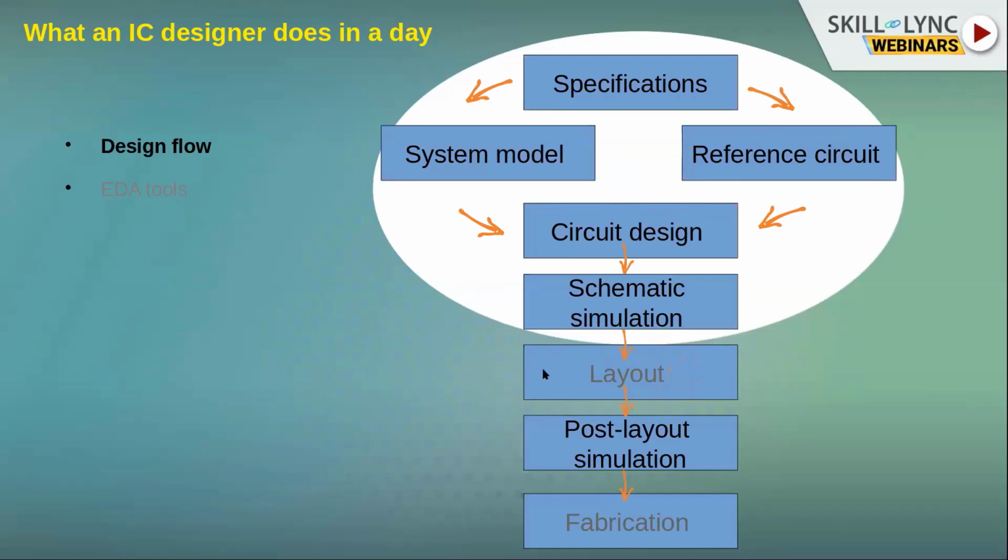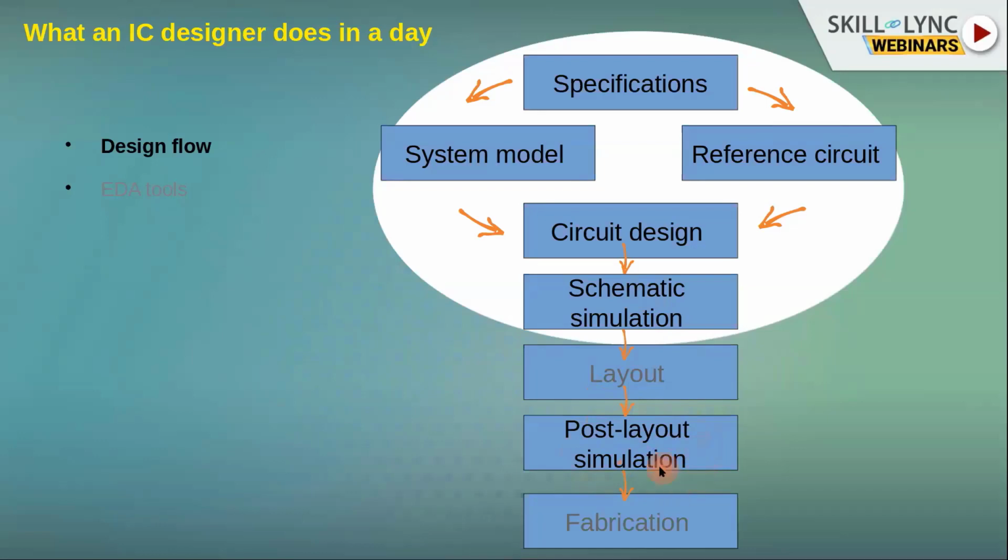All these factors are taken care of in the layout phase, which is handled by experts, the layout engineers. After the layout also, we have to ensure that the performance and the specifications that we have are all matched.